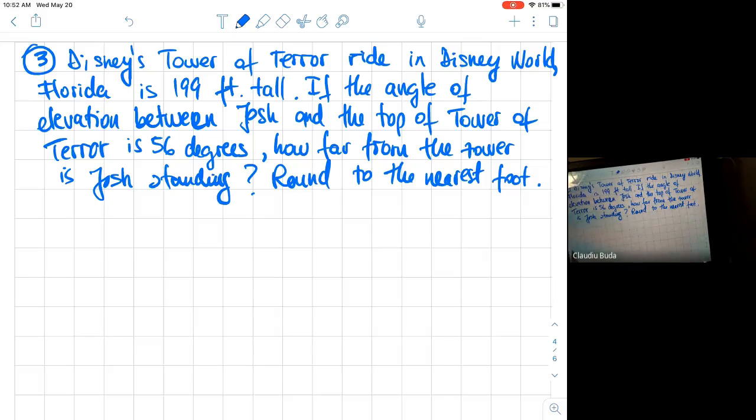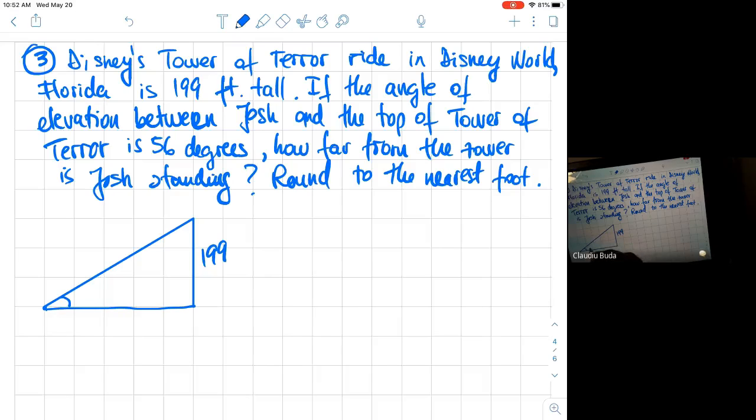Okay, so let's draw a little bit. This is my Tower of Terror at 199 feet tall. Then we have Josh standing right here somewhere, and we know the angle of elevation between him and the tower, this one right here, is 56 degrees.